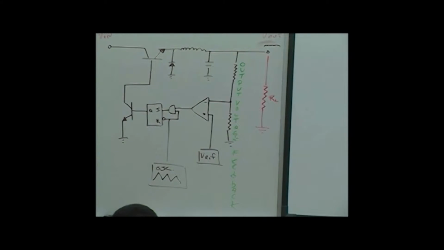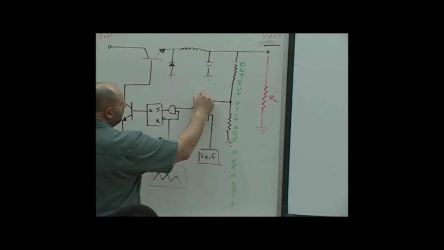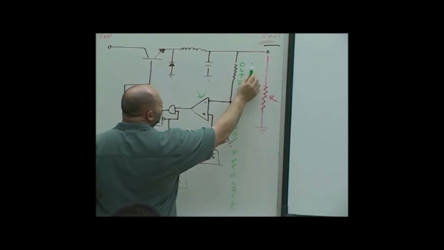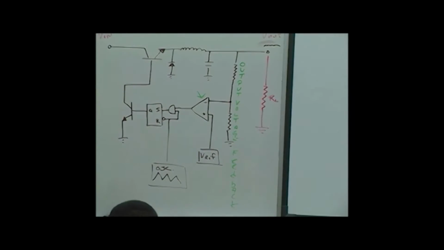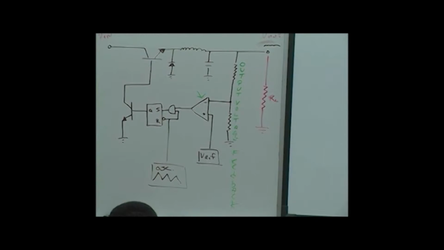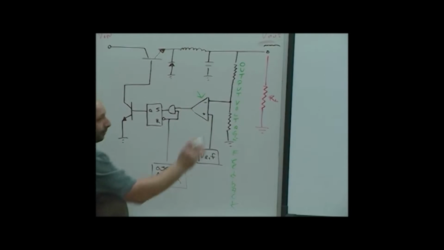Output voltage feedback, that's one of the inputs to what? The comparator. That's right. Output voltage feedback is the input to my inverting input of the op-amp amplifier, which is known overall as our comparator.